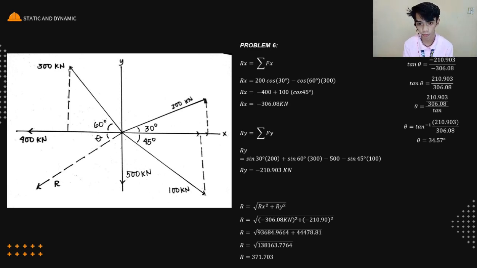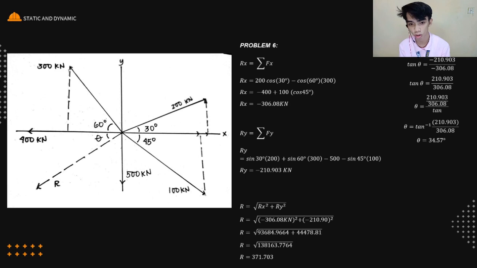Then for F of Y, summation of F of Y is equal to Ry. We do what we did earlier. We combine the F of Y of the loads. So for the 200 kilonewton, sin 30, since it points upward, its sign is positive.